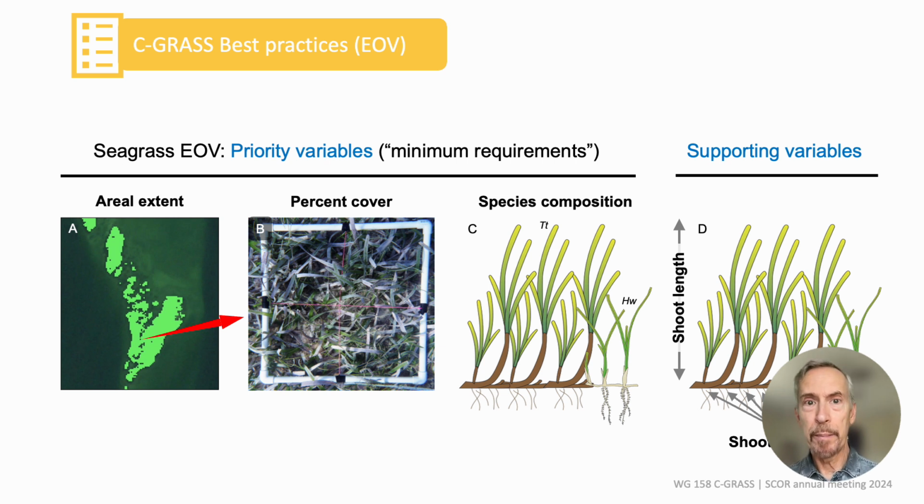These 3 are complementary in that they give us different information, and in fact, the in situ data are often really critical in validating the remotely sensed seagrass measurements. Then, of course, there's a whole host of potential supporting variables, both biological, in terms of physical structure and association with other biological EOVs, and also environmental variables, which we call supporting variables.